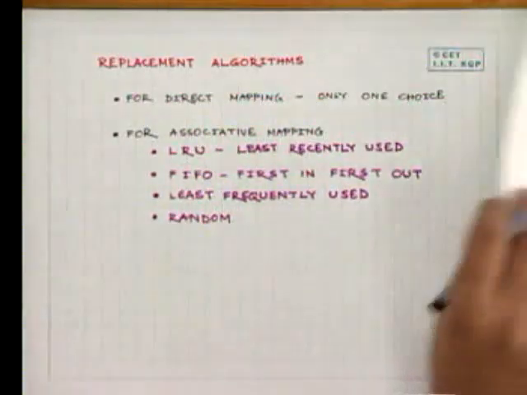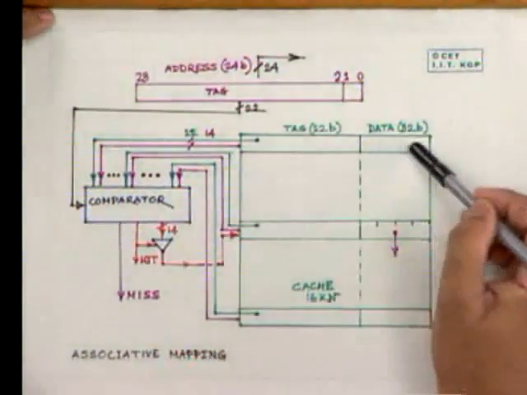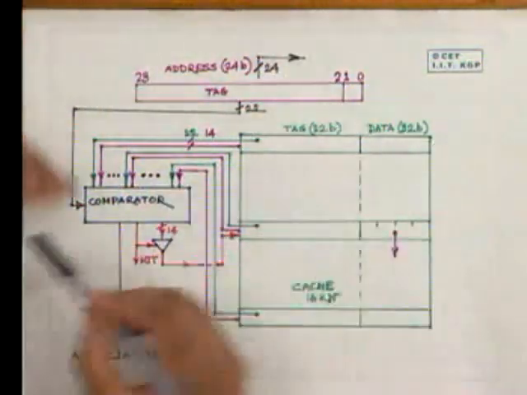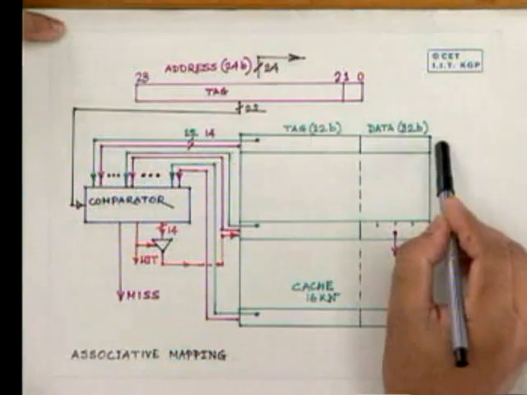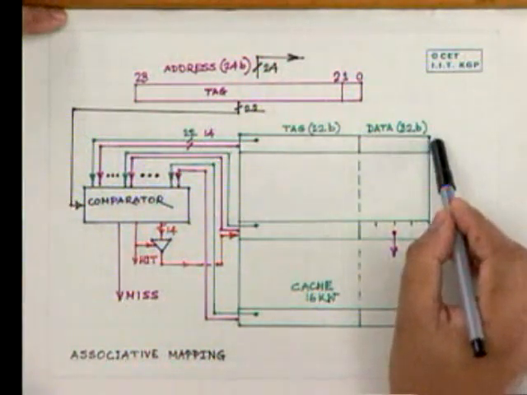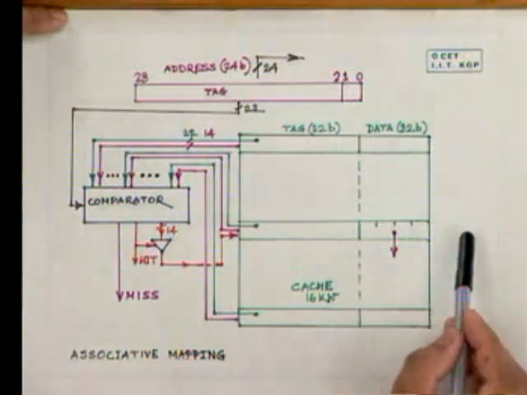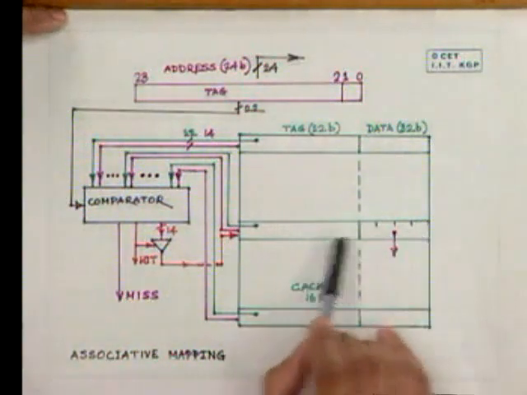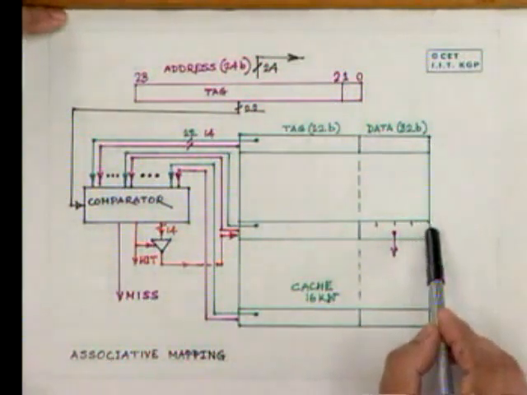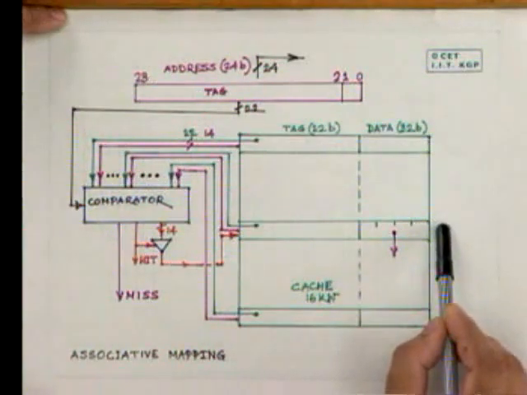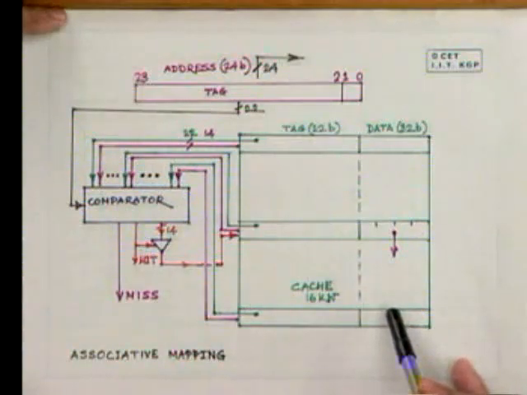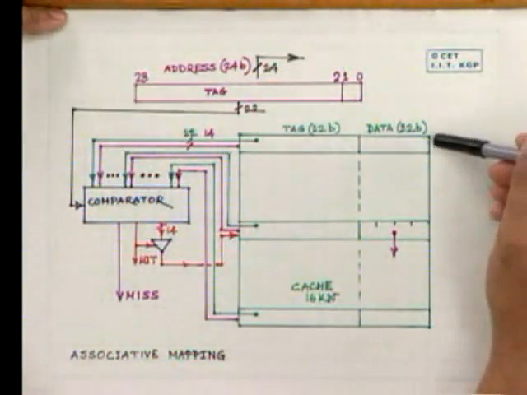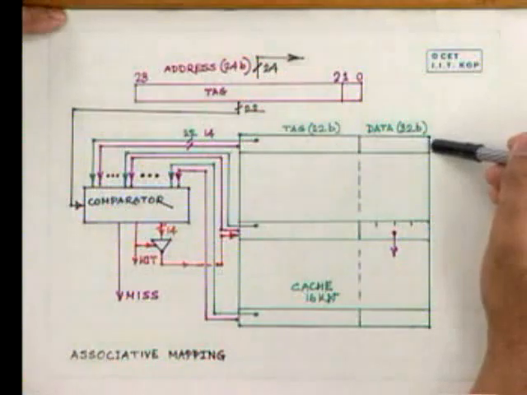So what is done actually to implement LRU is that corresponding to every line of the cache, one bit is kept. That one bit is reset to 0 when a new line has been fetched. Now, the moment it is accessed once more, that bit is set to 1. Now, when a line has to be replaced, the hardware checks which line has a 0 bit.